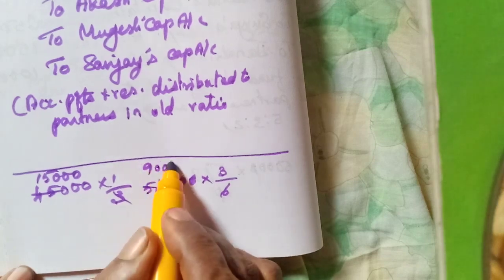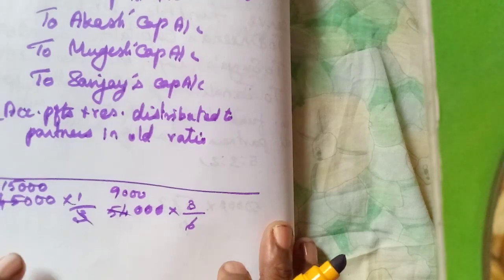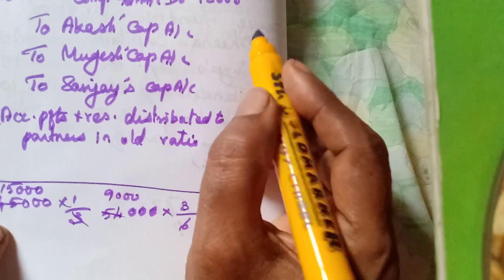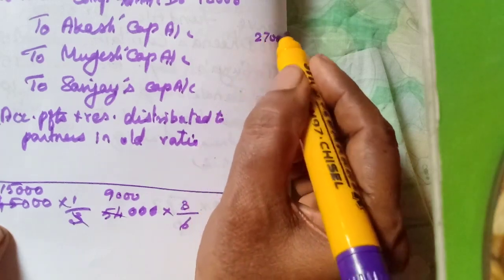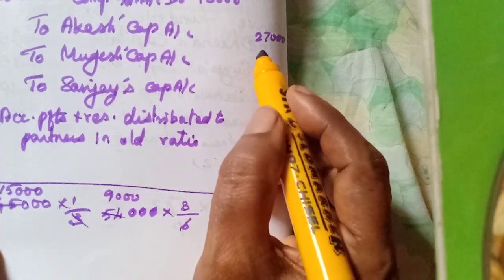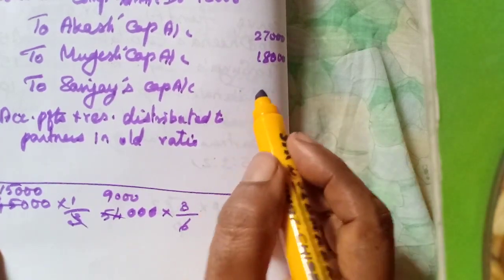So 9,000. First partner 9,000 into 3, 27,000. Mukesh 2, so 18,000. Sanjay 1, so 9,000.